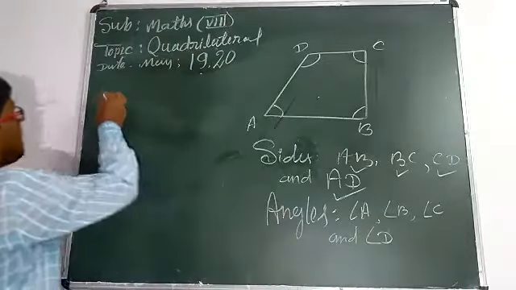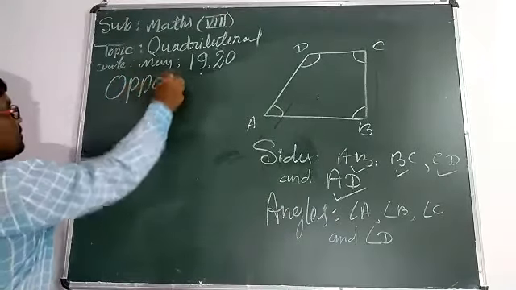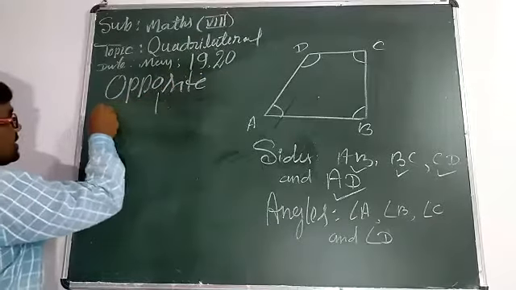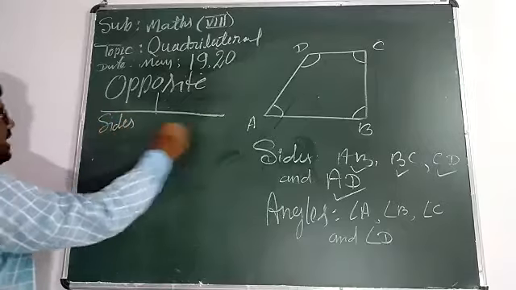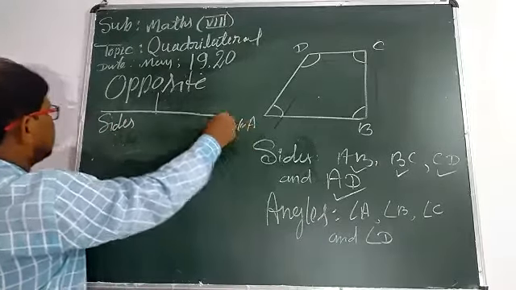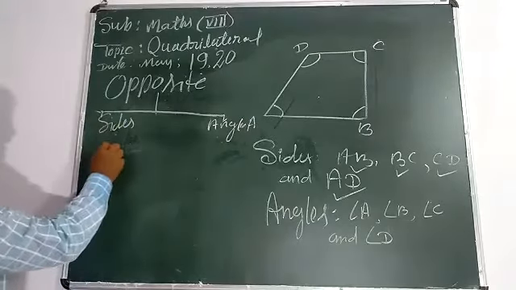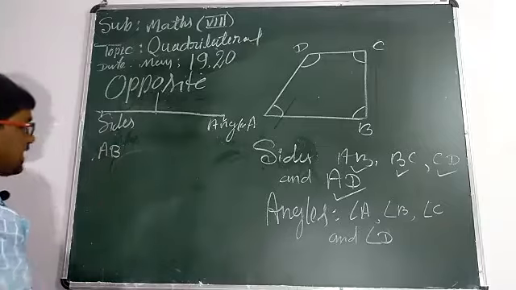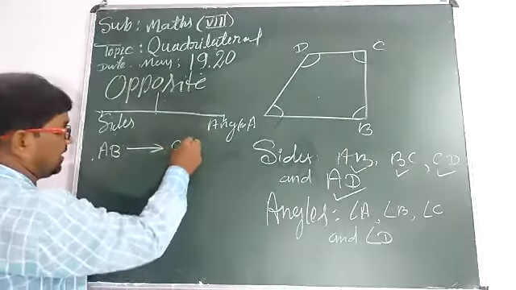Now we should mind one word: opposite. Opposite sides and angles. If you are writing side AB, can you guess its opposite side? Its opposite side is CD.